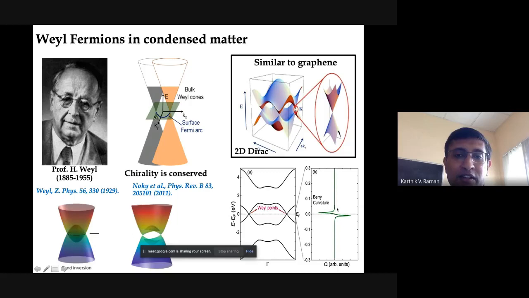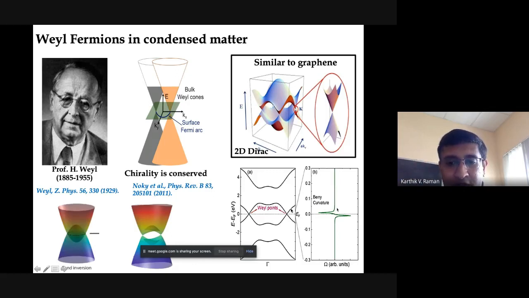So there is a degeneracy of your Dirac point in a 3D Dirac material, which you can lift by breaking the time reversal symmetry or the inversion symmetry, giving rise to a shift in the momentum space of these Weyl nodes. And therefore, you associate a left chirality to one node and right chirality to the second Weyl node. And there are chirality-driven effects that often appear in these systems.